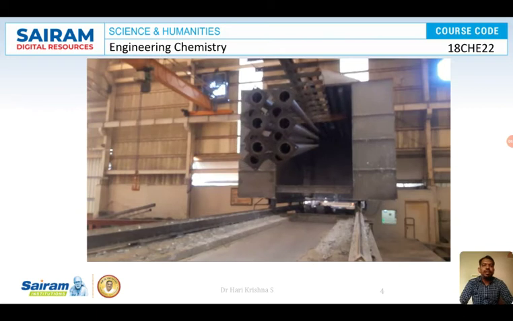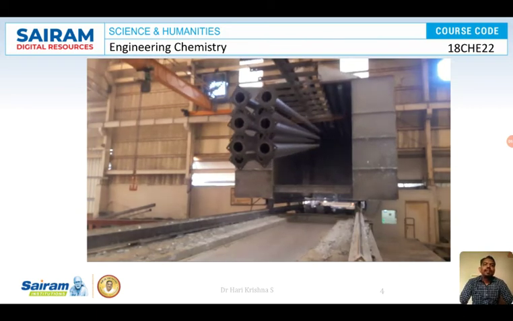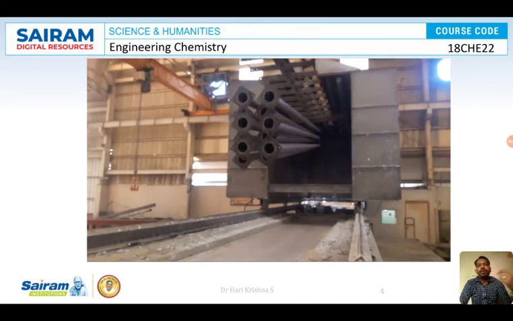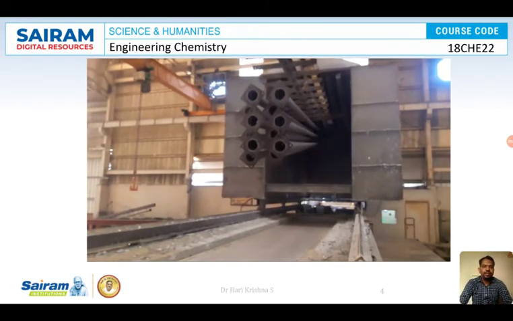You can see these iron poles will be dipped in zinc. Once it is dipped in zinc, it will come out. You can see the color.